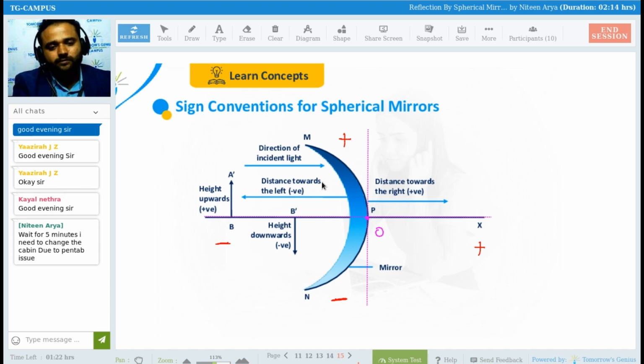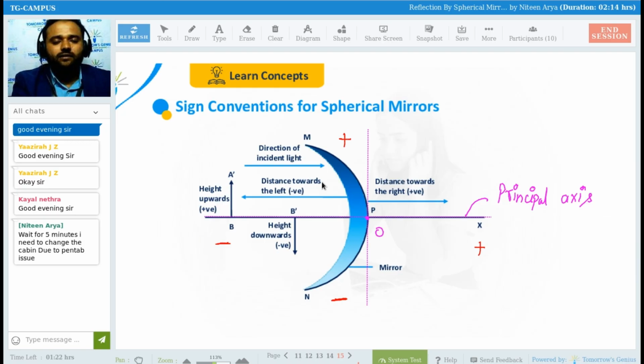Height is going to be observed from the principal axis. The object distance, the image distance, and the focal length we are going to observe from this. The height of the image and the height of the object we are going to observe from this. This is my principal axis. And this is your pole taken as the origin.